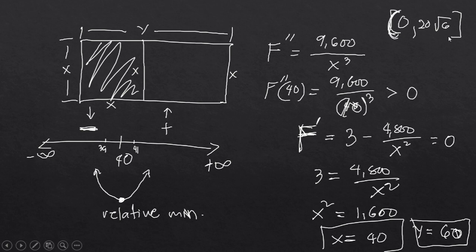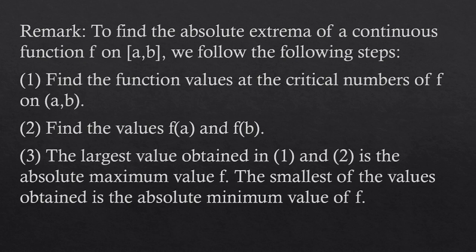So if we consider the interval in this theorem, the a that we will be using will not be 0 anymore. So we will start at 1. In this case, you will have the closed interval from 1 to 20 square root of 6. So we will be evaluating 1 and 20 square root of 6 in the function f.